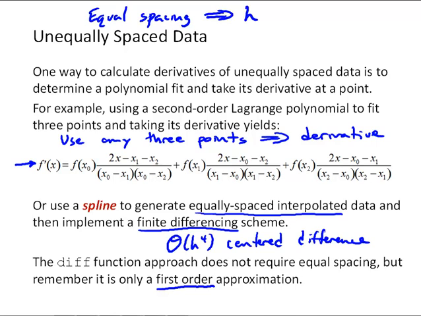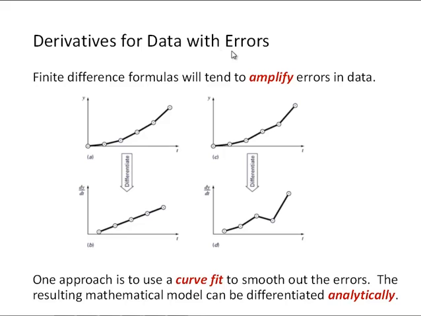Now, one other consideration is if the data has errors. So if this is experimental data with some uncertainty in it, one thing that happens is finite difference derivative approximations will tend to amplify the errors in the data. So we can see that if we imagine a line going through every data point. So here's smooth data with no errors. And taking the derivative dy dt indicates a steadily increasing slope or derivative of that data.